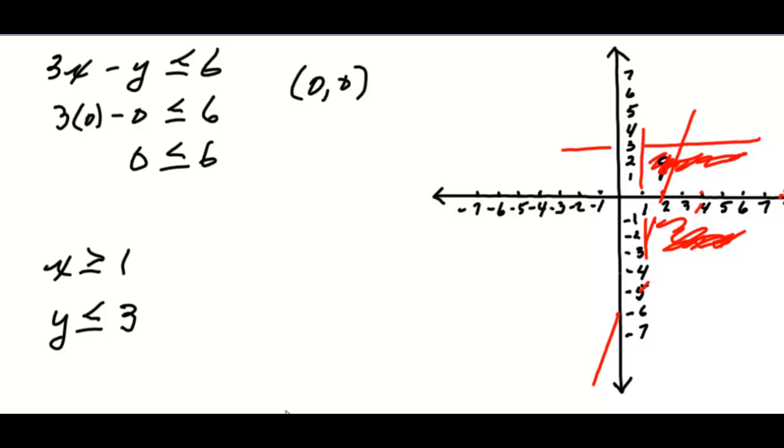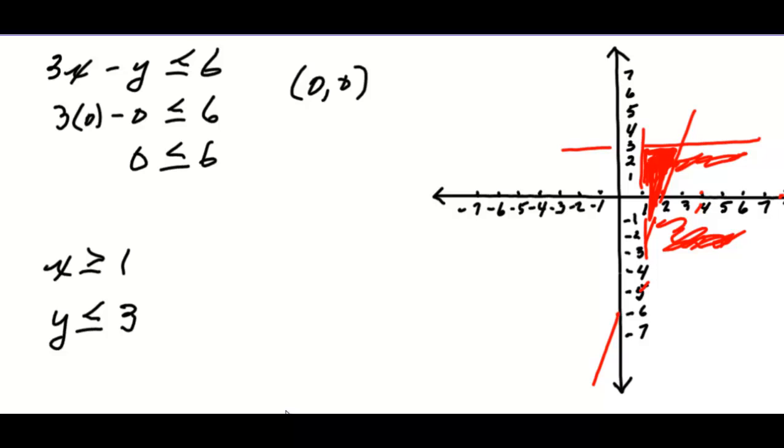When we start shading in red, what we end up is we hit the y is less than or equal to 3 up there. And over here, what we run into is the x is greater than or equal to 1. So we end up shading only in this small area right here.